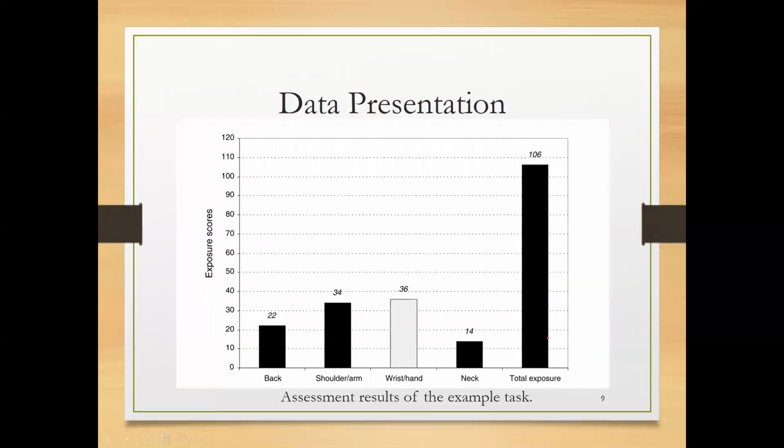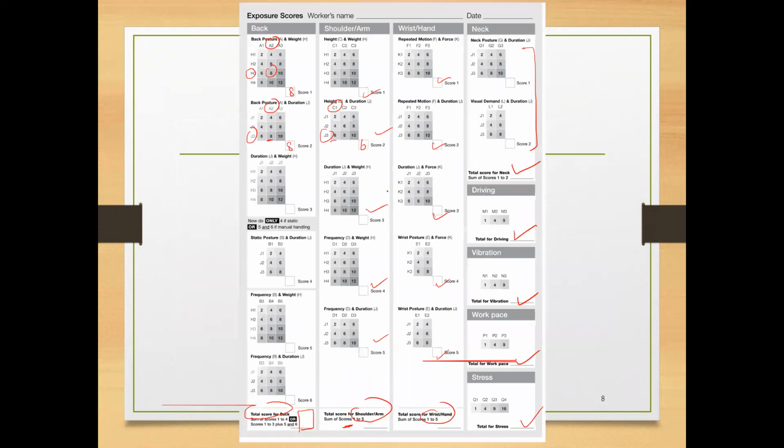We can use a bar chart again to show the score for these different body parts. And we can compare the before and after situation, how much improvement there has been. We can compare the total score in both situations. There is another possibility that we calculate the maximum score. That is possible using QEC.